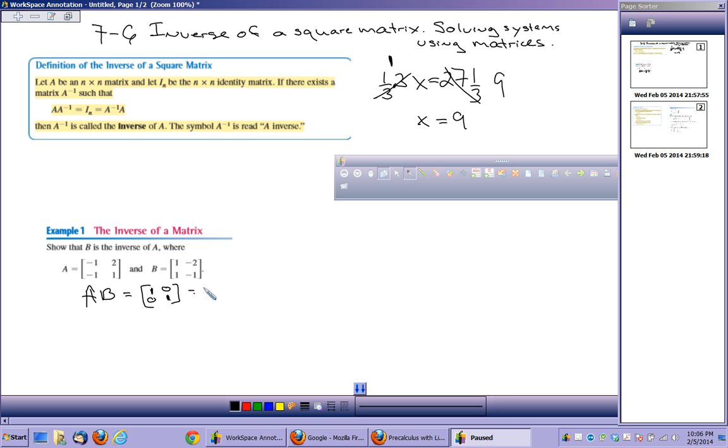It can also be shown that if I multiply B times A, I would also get 1, 0, 0, 1, which is the identity matrix for a 2 by 2 matrix. Therefore I have shown that B is the inverse of A, and also A is the inverse of B.